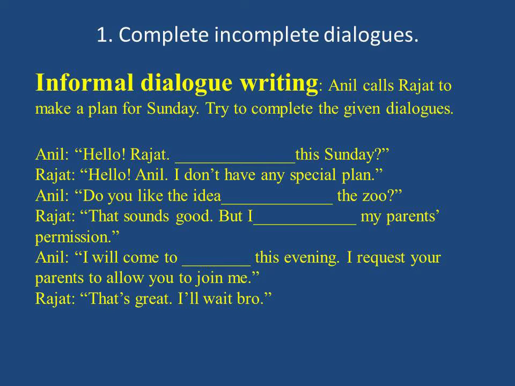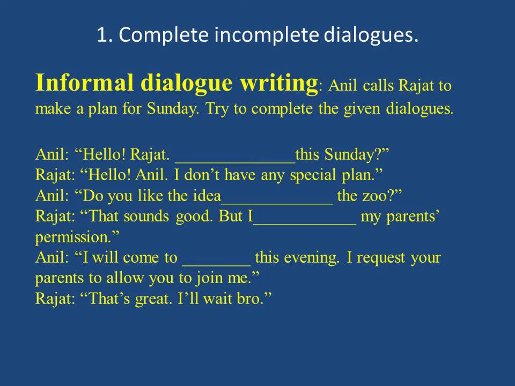Now what does he do? He calls Rajat. He tells Rajat the idea. Rajat likes the idea. But Rajat has a hurdle. He has to ask his parents' permission. Now what happens? Now his friend Anil favors him.